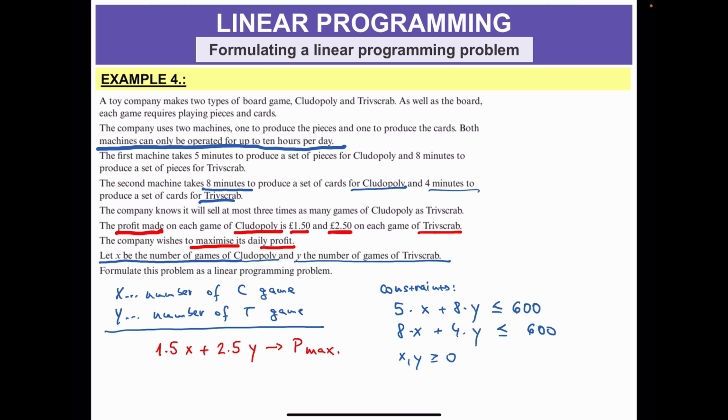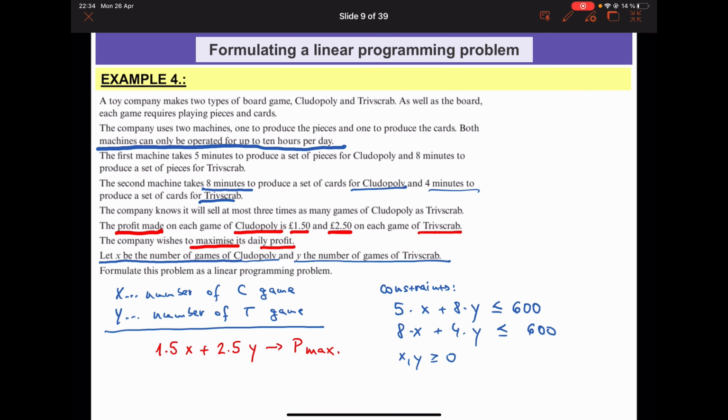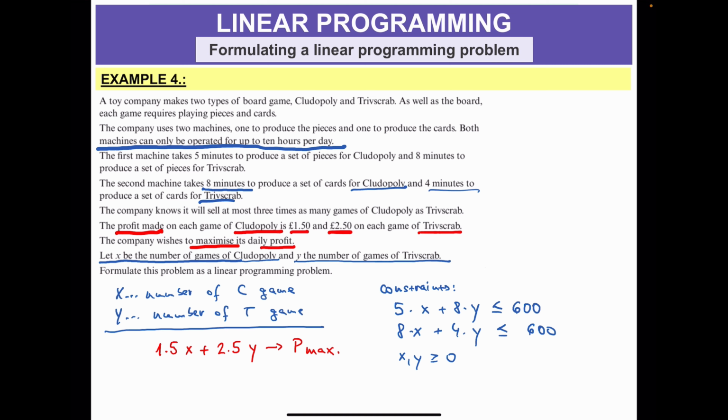And now the last constraint that I didn't yet identify is from this sentence, because it says that it sells at most 3 times. So 3 times, remember, it goes with the last variable in that sentence. So this is your y, this is your x.